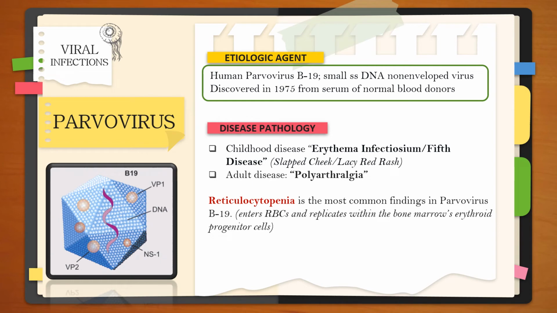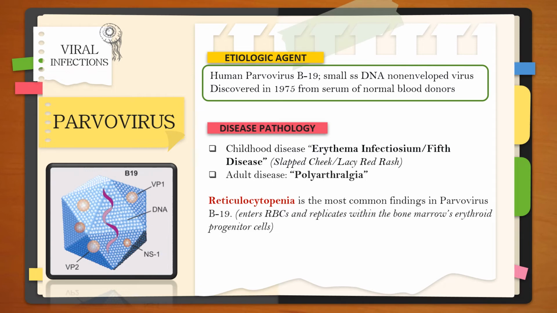And class, parvovirus B19 also causes the adult disease polyarthralgia. So the childhood disease is erythema infectiosum or the fifth disease, while the adult disease is polyarthralgia.